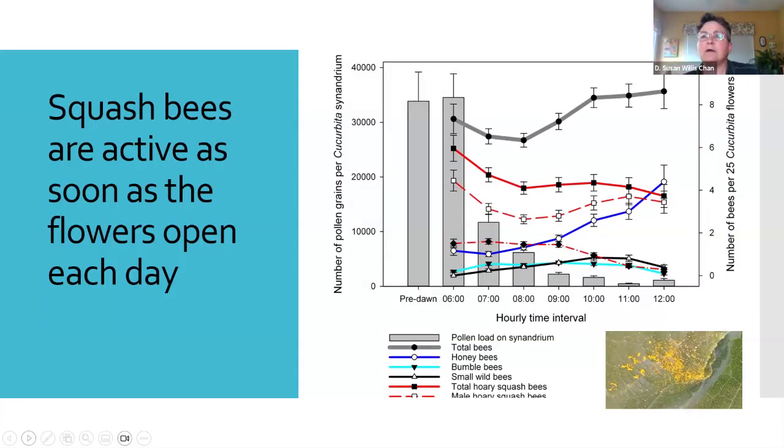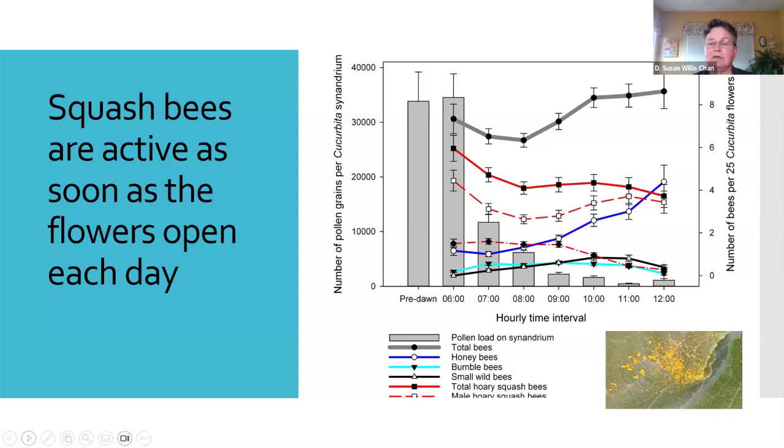Now, why do I think that squash bees are really important in this crop? Well, I think they're important because they are active as soon as the flowers open in the day. In other words, they're early morning foragers. So what you see here is a graph, and on the bottom you see hour-long intervals from pre-dawn until noon.